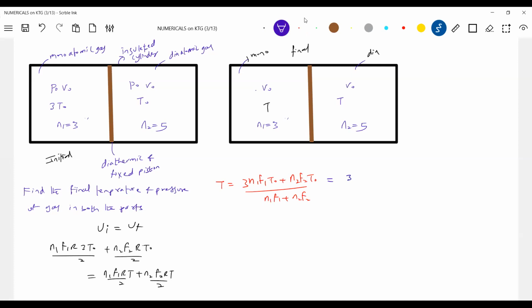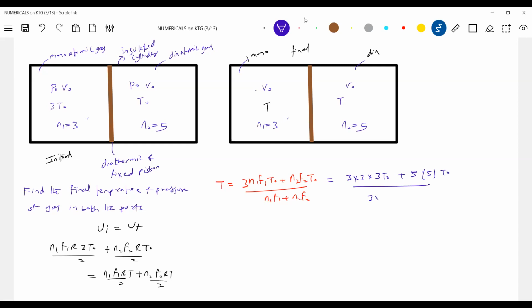Number of moles 3, degree of freedom of monatomic gas 3, temperature 3 T naught; number of moles 5, degree of freedom of diatomic gas 5, temperature T naught.